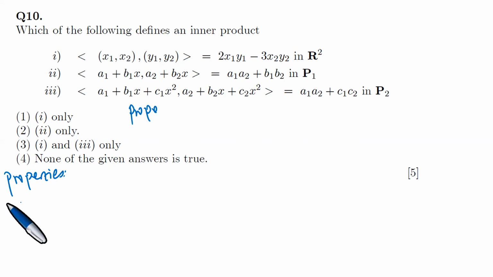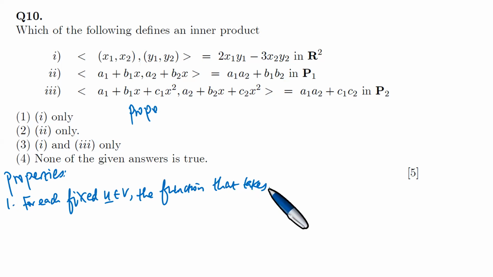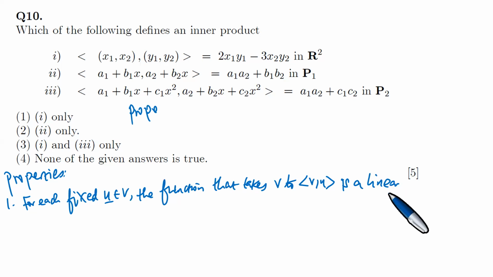Property number 1: for each fixed vector u in the vector space, the function that takes v to the inner product of v and u is a linear map from V to F. I'm going to be really fast on this one.